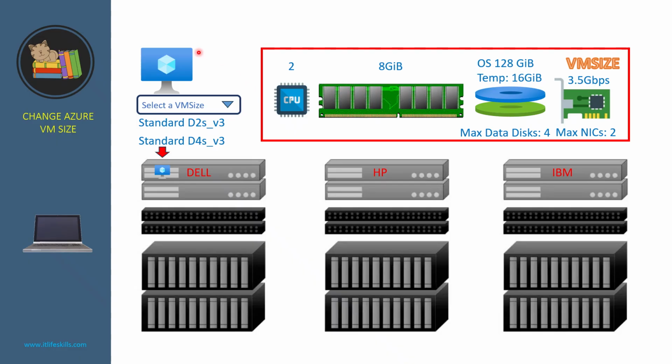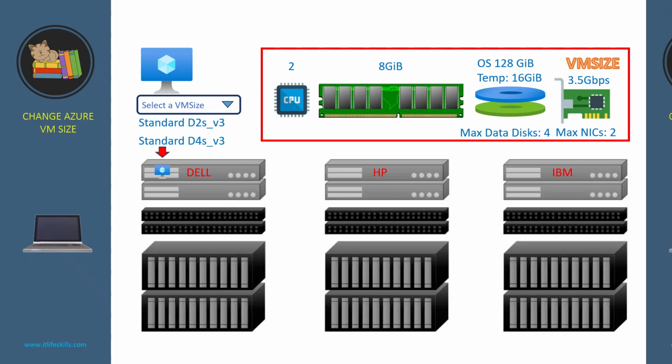Now you want to change the VM size, then you can only change to the size Standard D4s_v3 because it is the only other size this cluster supports. After you submit the request to change the VM size from Standard D2s_v3 to Standard D4s_v3, Azure automatically reboots the machine to complete the request.